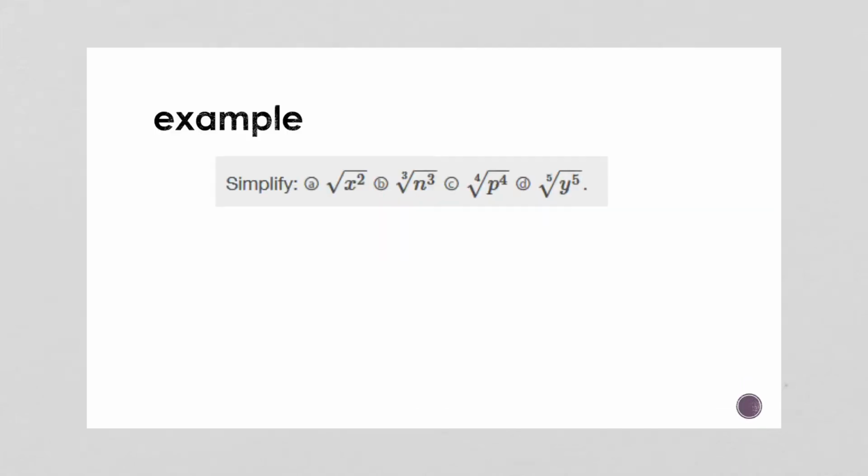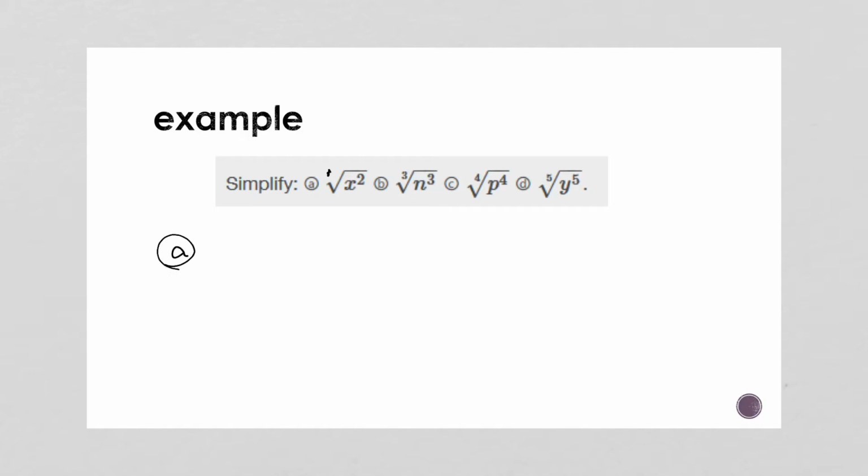Okay, so notice on A, there's nothing up here. But we know that if there's nothing there, it's assumed to be a 2, okay? And so if you had this problem in your homework, technically this 2 right here that's not there, but it is understood to be there, and this 2 will cancel each other. And because it's even, we want the absolute value or the positive of this x, okay?